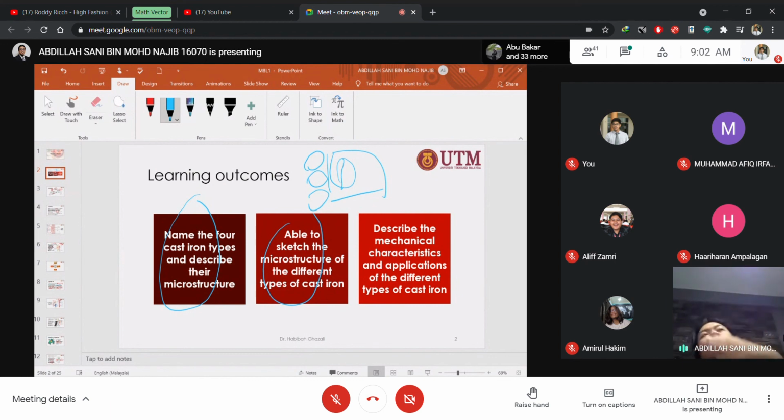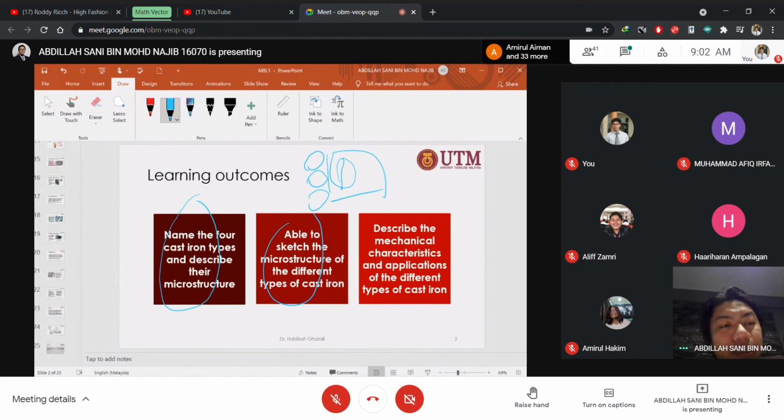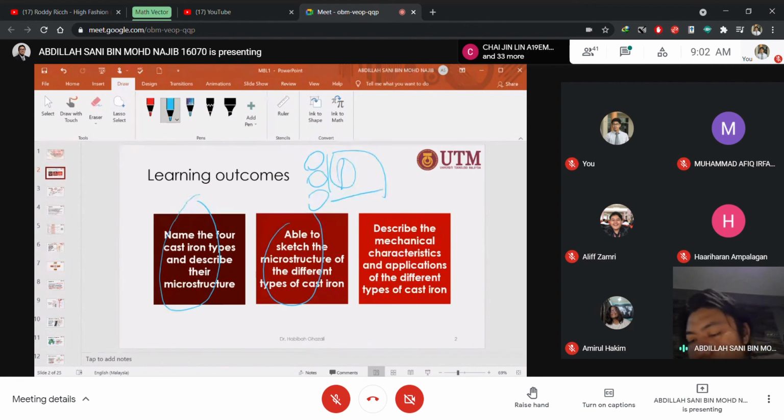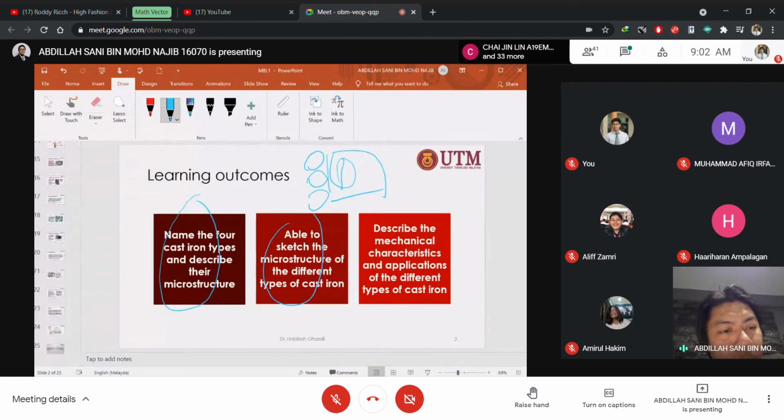If we have more nodules or rosettes, it will be more ductile, with higher machinability and higher toughness, due to the graphite structure, which does not occur in flakes but in nodules. I think that is all we have for cast iron.